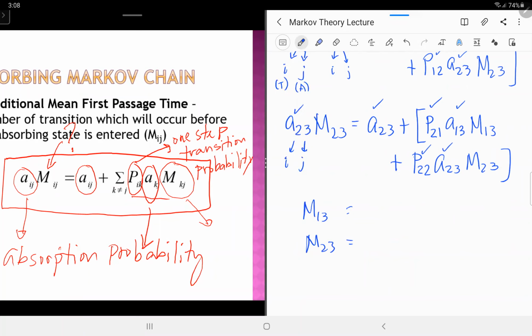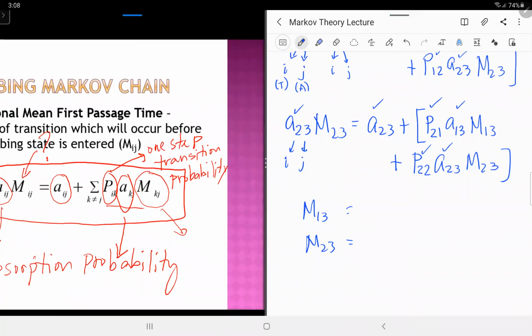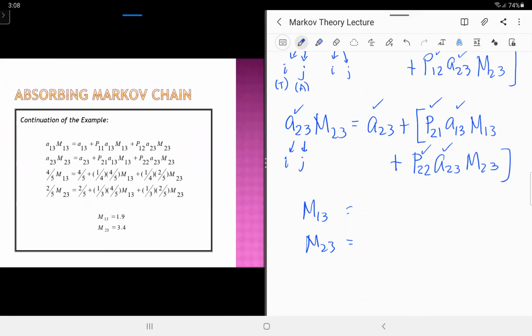Okay, and then you substitute all the values, those with check, you substitute the values. When you substitute the values, this is the system of equations that you will get. And then you solve for M13, it will give you 1.9 weeks, and M23, it will give you 3.4 weeks.